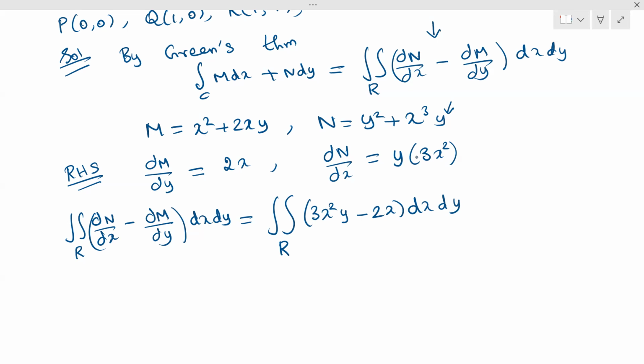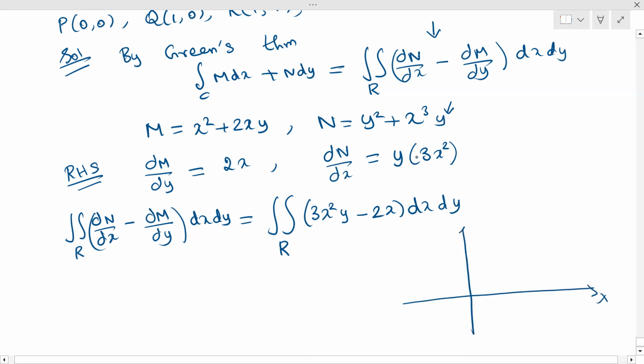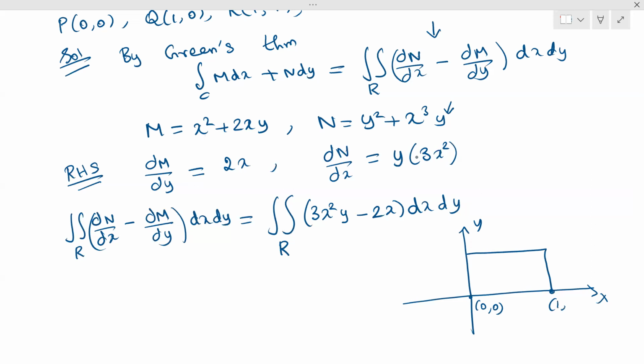But to find the RHS, we have to draw the diagram, because with the diagram only we can find the limits. Here the given region is a square in the xy plane, with points 0, 0, 1, 0, 1, 1 and 0, 1. For the double integration, we need either the y limit first or the x limit first.